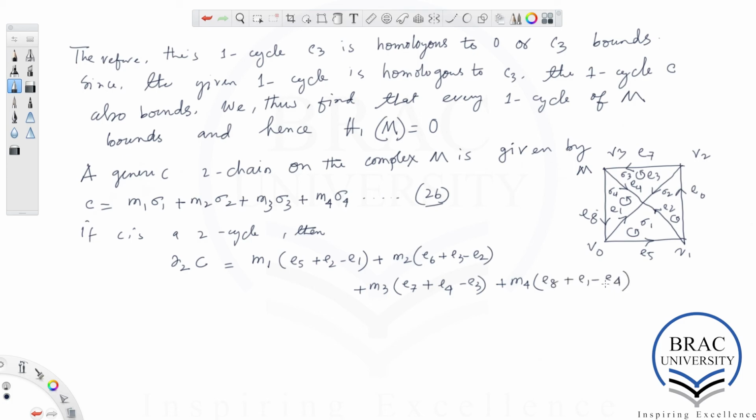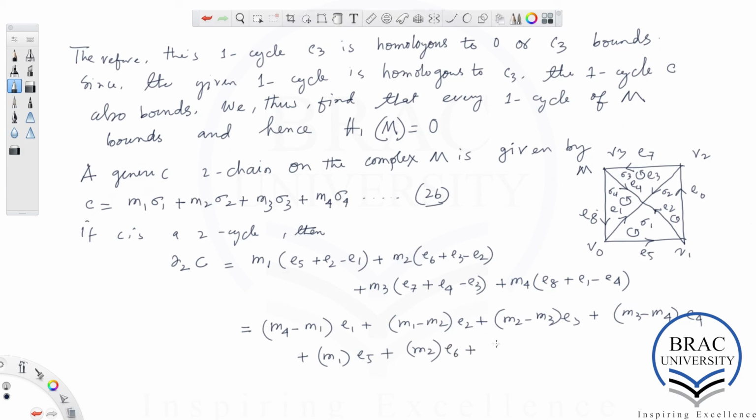Okay, and do some manipulations to find it as M4 minus M1 times E1 plus M1 minus M2 times E2 plus M2 minus M3 times E3 plus M3 minus M4 times E4, then plus M1 times E5 plus M2 times E6 plus M3 times E7 plus M4 times E8.